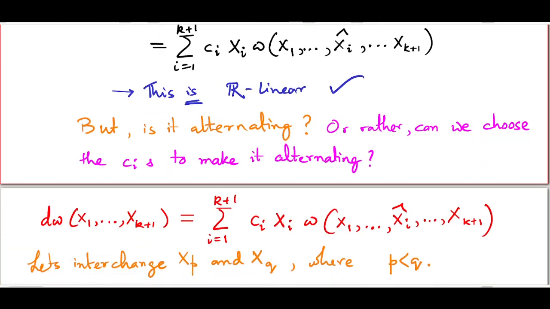So, let's try this. Let's interchange xp and xq, where for the sake of definiteness I have chosen p to be less than q. So p is a smaller number, xp is sitting in the original set of arguments before xq.